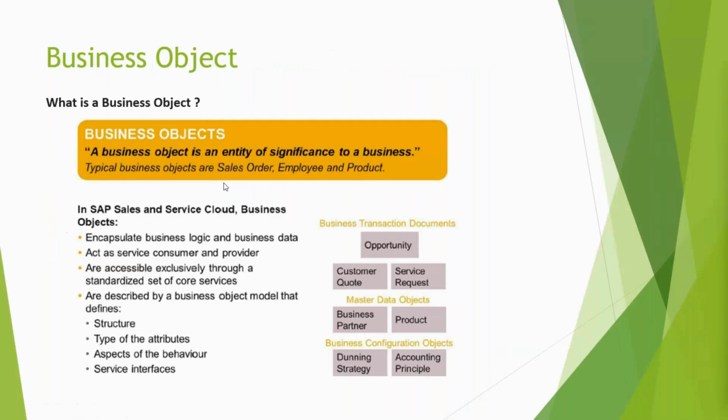A business object is nothing but similar to a database table which we use to store the data with different fields, right? We have to define a structure. Let's say for an opportunity we have 10 fields, with a data type for each, and an association to a customer.